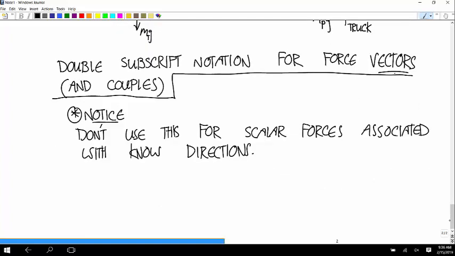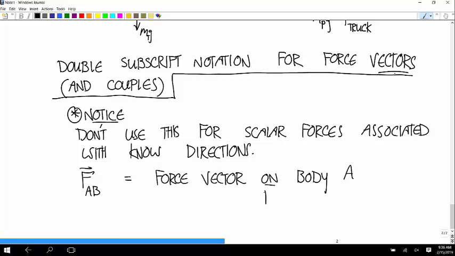But the double subscript notation says that the force F_AB is the force vector on body A applied by body B. Okay, so if you use that double subscript notation and in your head you're thinking the force A applies to B, then you're getting that backwards.